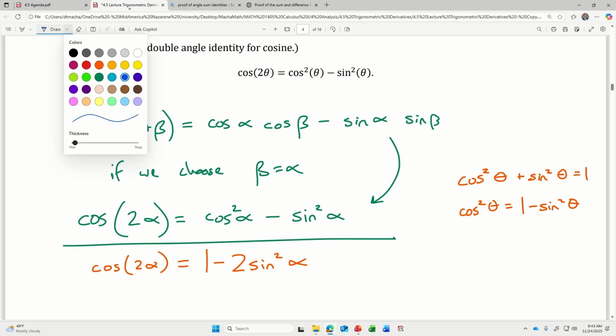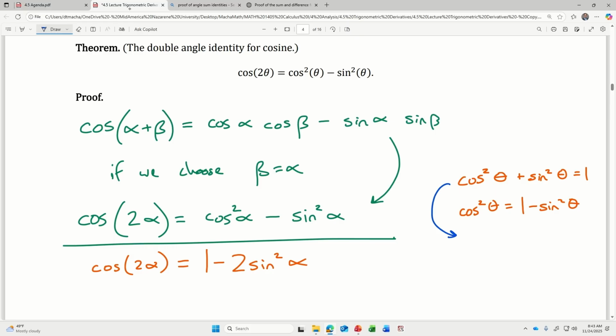But alternatively, I could go over here to my Pythagorean identity, and I could try to solve this for negative sine, which means cosine squared theta minus 1 equals negative sine squared of theta.